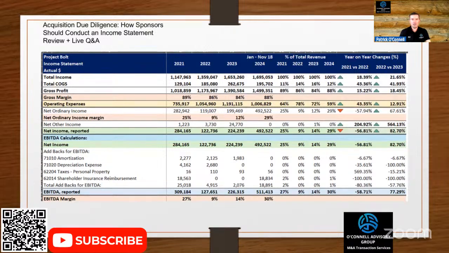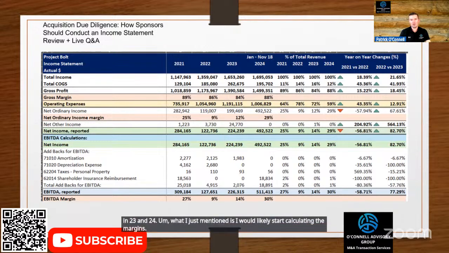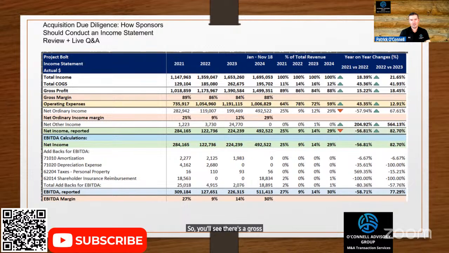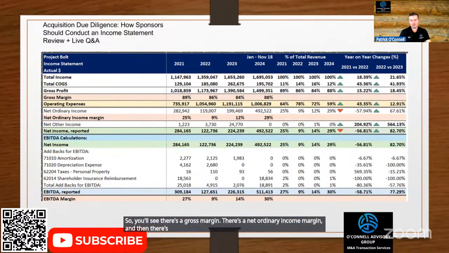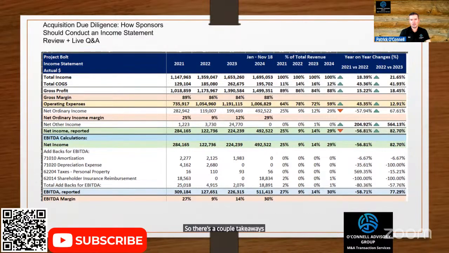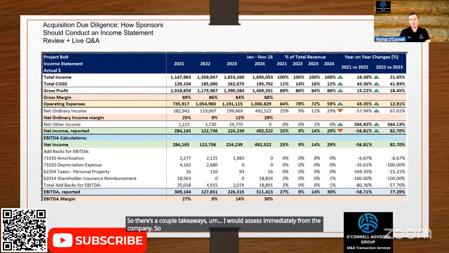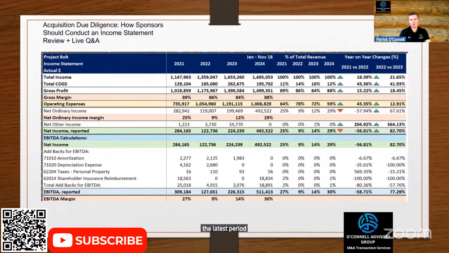What I just mentioned is I would likely start calculating the margins. You'll see there's a gross margin, a net ordinary income margin, and then an EBITDA margin. There are a couple of takeaways I would assess immediately from the company. Let's start with the latest period, the November 18, 2024 period.